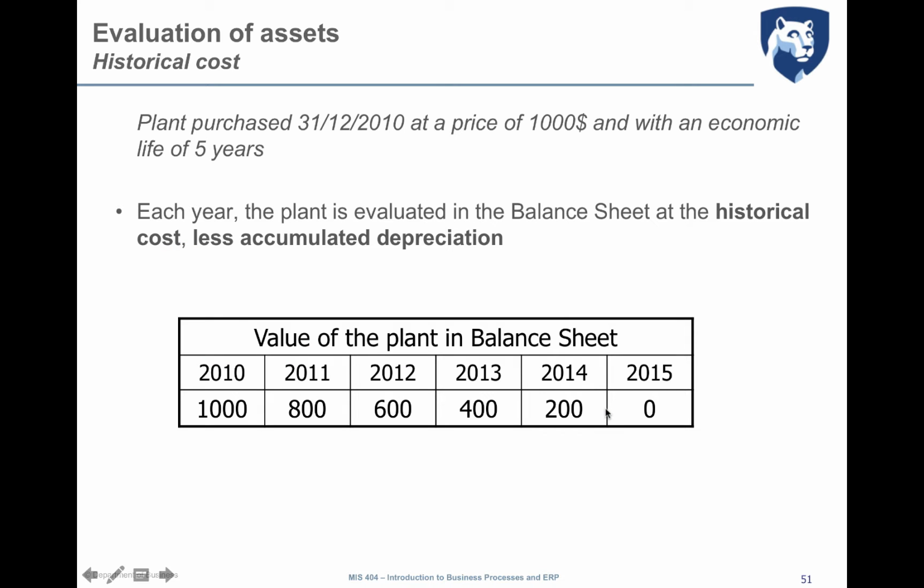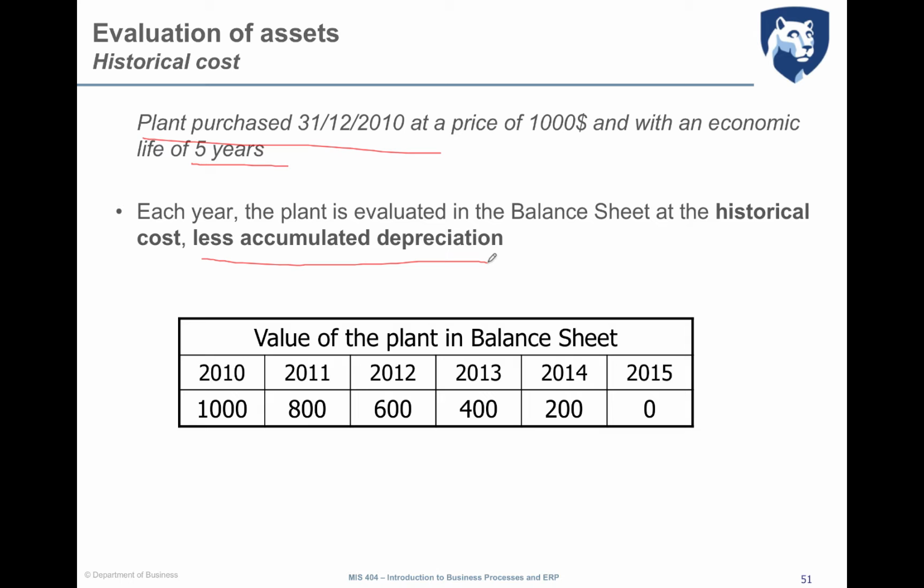Let's see some examples for each of these. Let's start with historical cost. How to evaluate an asset at historical cost? Let's make the hypothesis to purchase today a plant at a price of $1,000 with an economic life of 5 years. With historical cost, each year the plant is evaluated in the balance sheet at the historical price less accumulated depreciation.